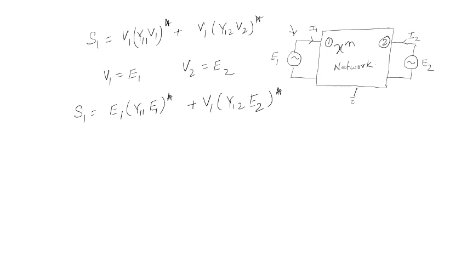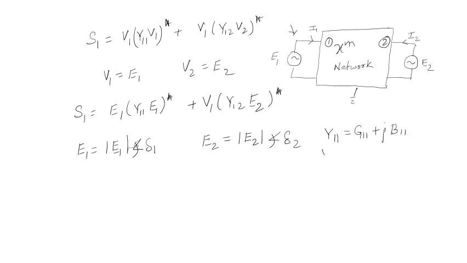The assumption is that E1 has magnitude E1 at an angle delta 1, and E2 has this magnitude at an angle delta 2. Y11 is equal to G11 plus jB11, okay, and Y12 is equal to G12 plus jB12.